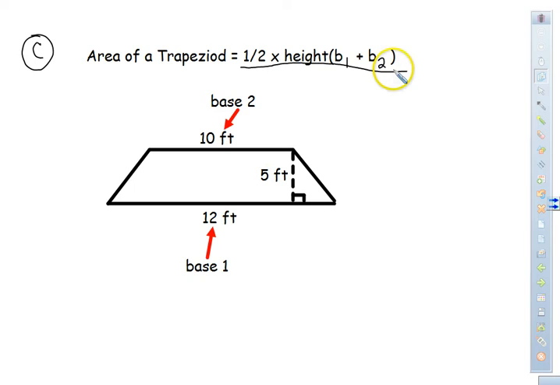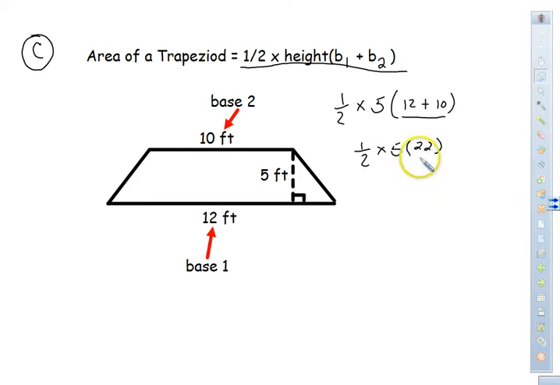So here's my formula. 1/2 times, well, my height is listed right here, and that is 5, times my base 1 plus base 2. So base 1 is 12 plus base 2 is 10. We're going to solve what's in the parentheses first, so 1/2 times 5 times, it's going to give me 22. Now I've got to solve that.